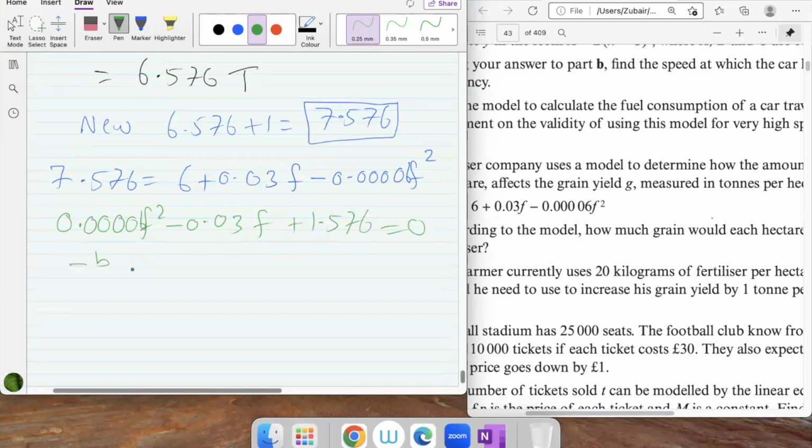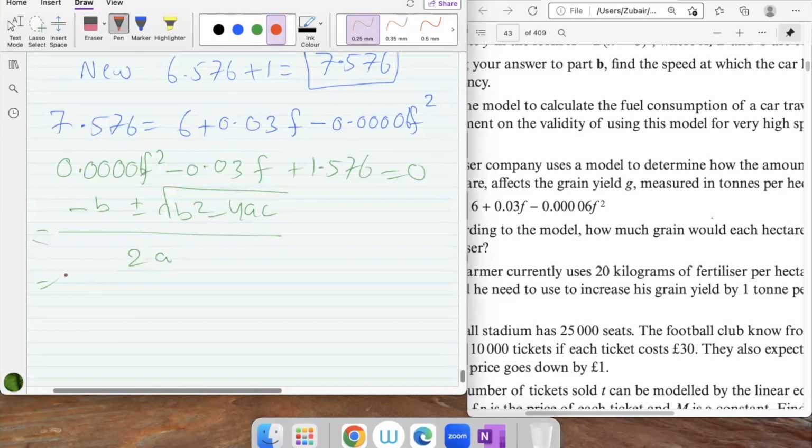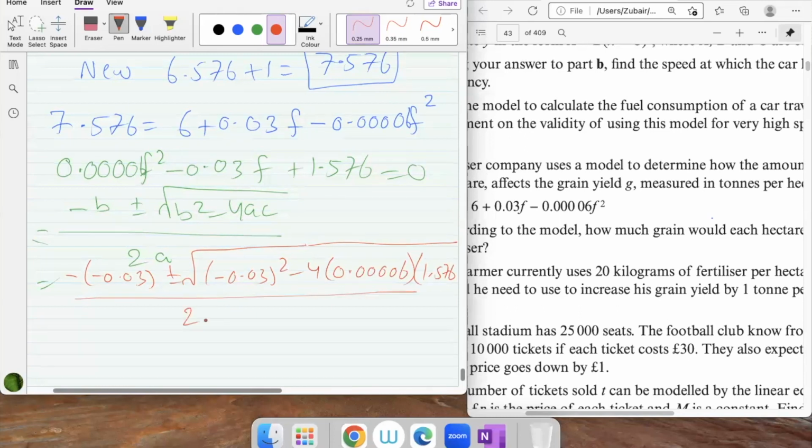So minus b plus or minus the square root of b squared minus 4ac, over 2a. Minus b is minus minus 0.03, plus or minus the square root of minus 0.03 squared minus 4 into a, which is 0.12346, and c, which is 1.576, whole under the root, over 2 into a.